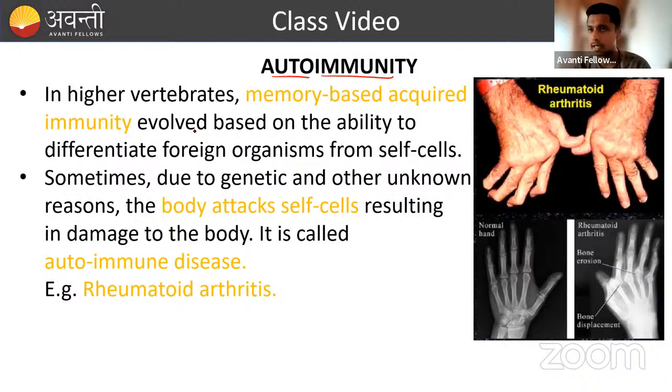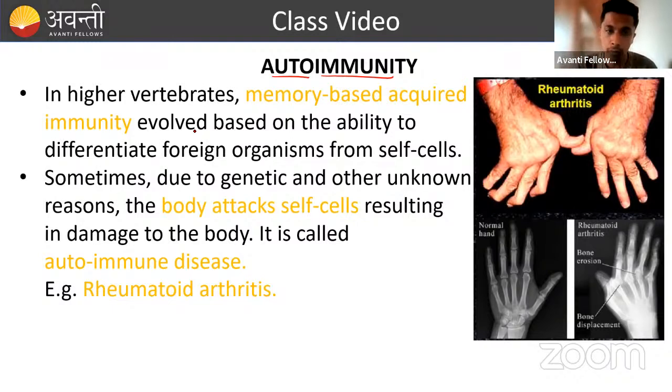Many reasons are there, and most of the reasons are genetic and unknown factors. This causes our body cells to attack their own cells. It might be the cells of the brain, it might be the cells between the bones, or it might be the epidermal layers of your skin. All these attacking our own cells is called autoimmunity.